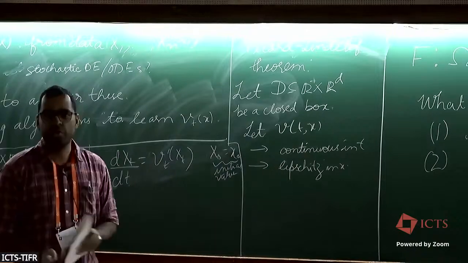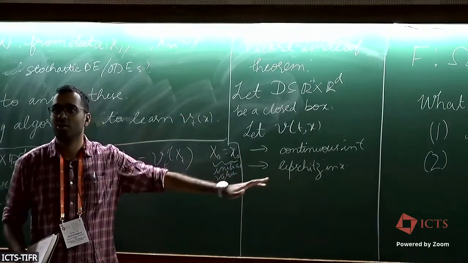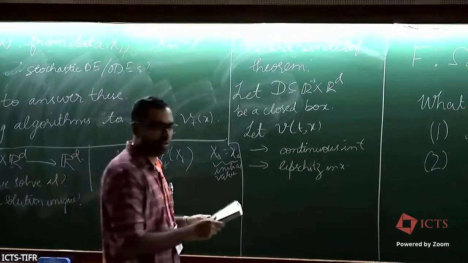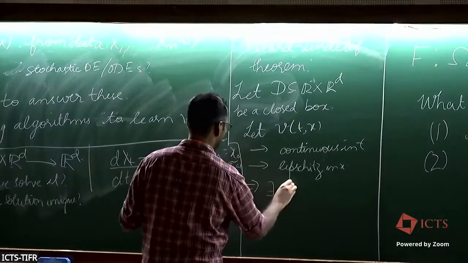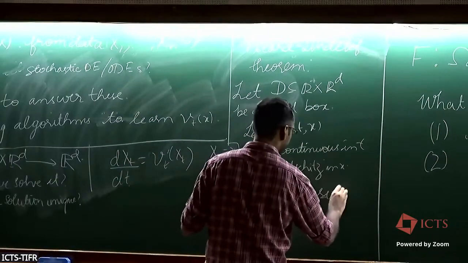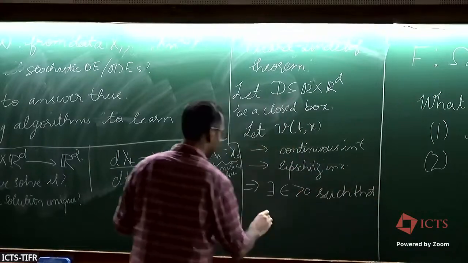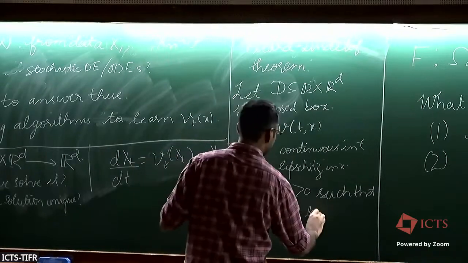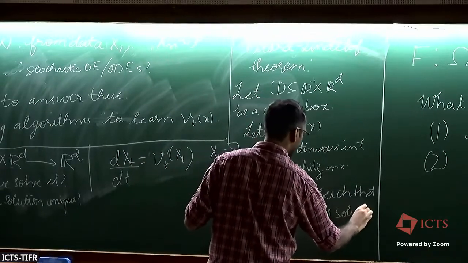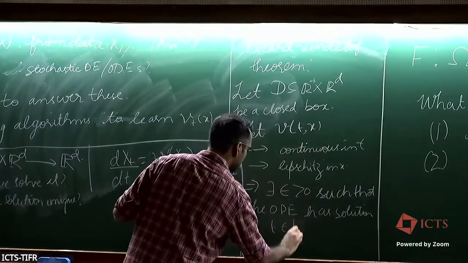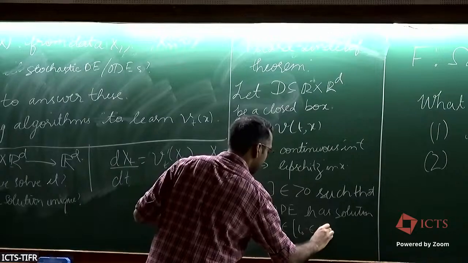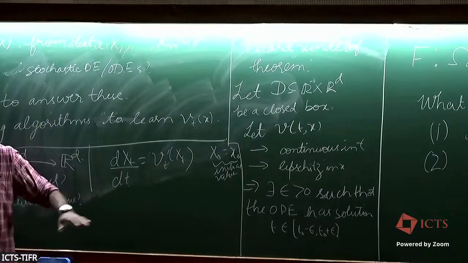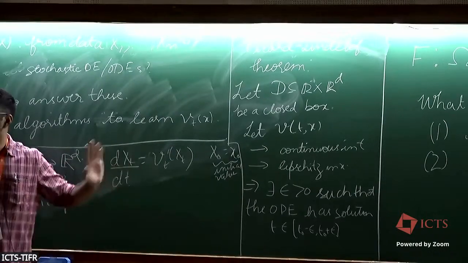How many of you know what Lipschitzness means? Okay, that makes my life much easier. Then this implies there exists an epsilon greater than 0 such that the ODE has a solution for t in (t0 minus epsilon, t0 plus epsilon). So you can be assured that for a small amount of time, it has a solution.